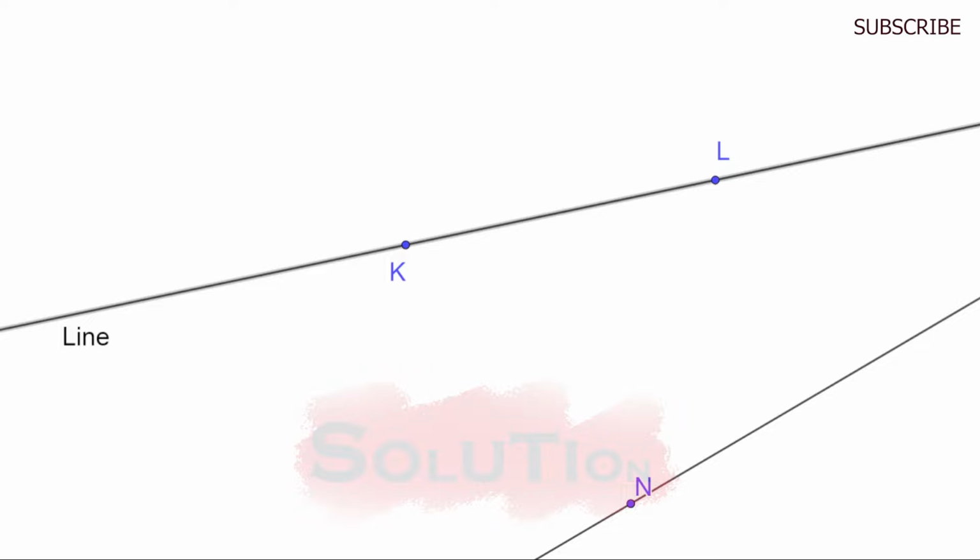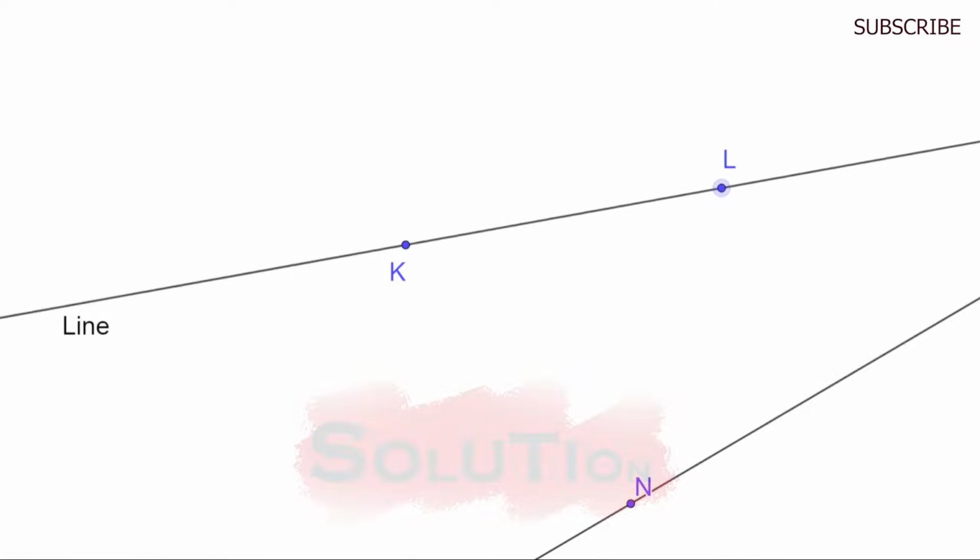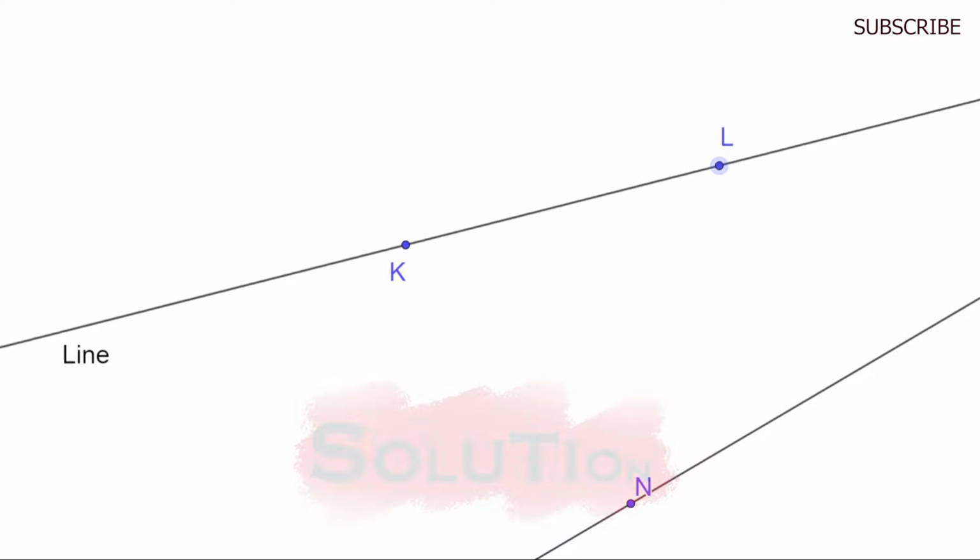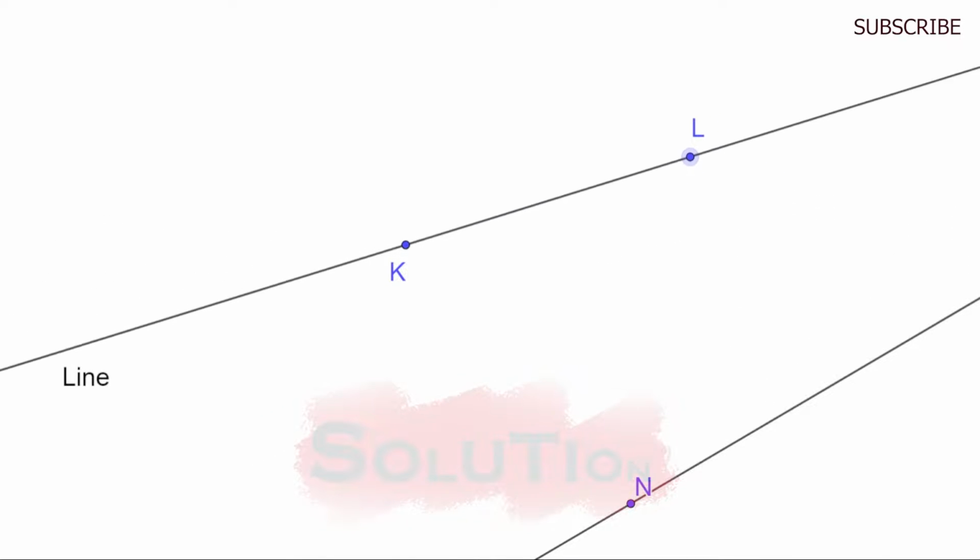I can go beyond L, and after K also I can go. So this is a line where you can see two points, and the distance between K and L will be known as a line segment.